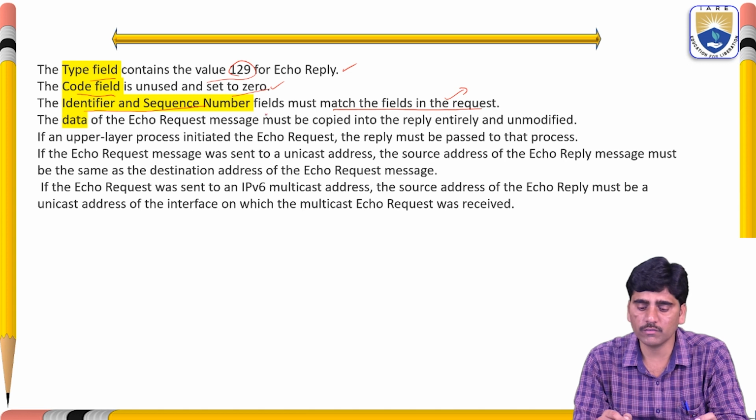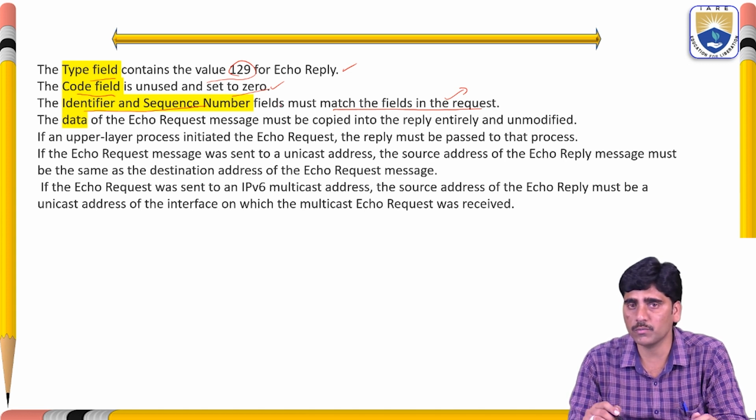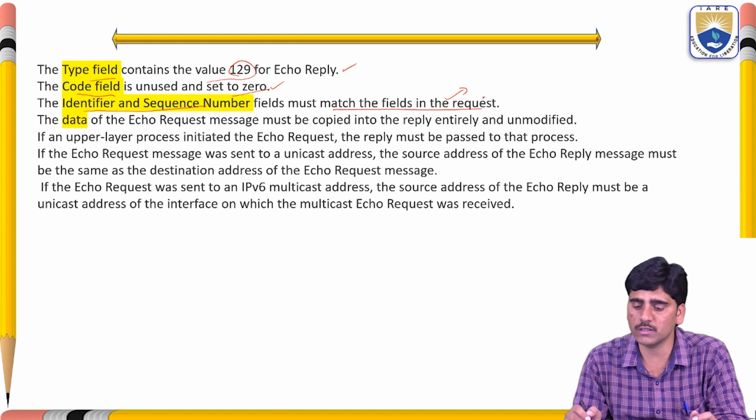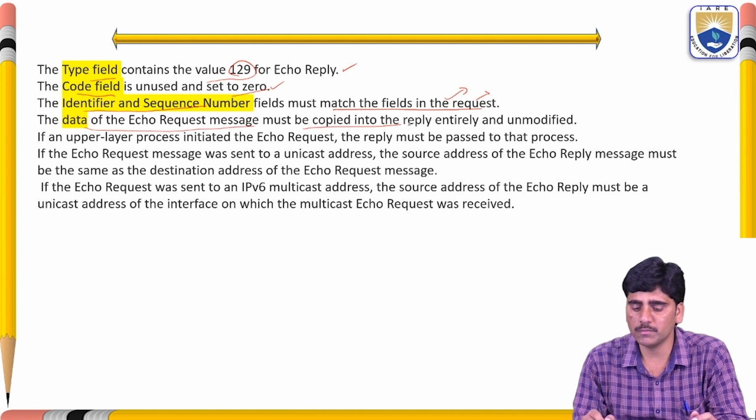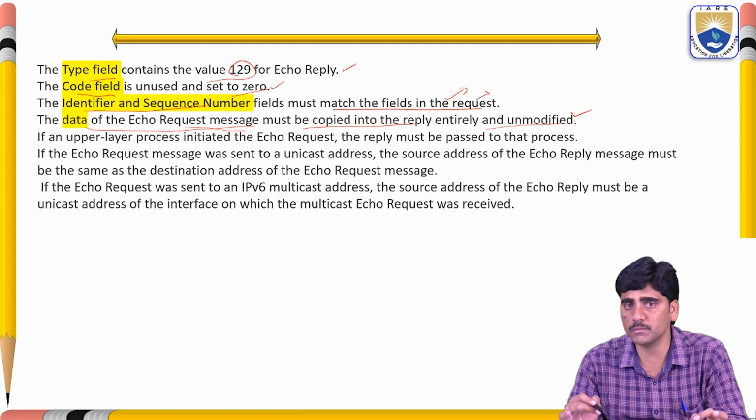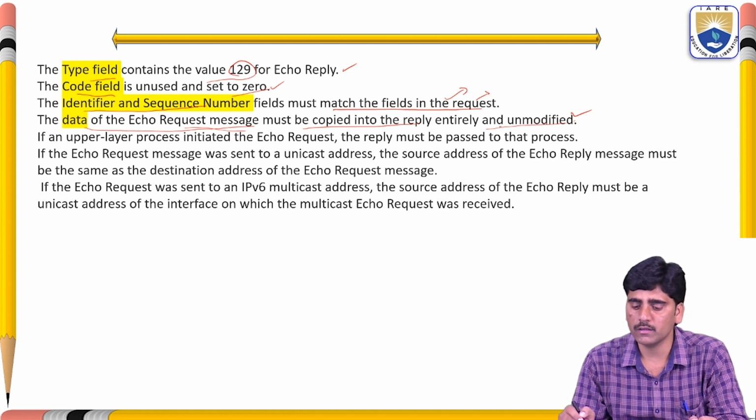So identifier and sequence number fields are also available in the echo request, and these two fields have to match the echo request fields. The data of the echo request message must be copied into the reply entirely and unmodified.